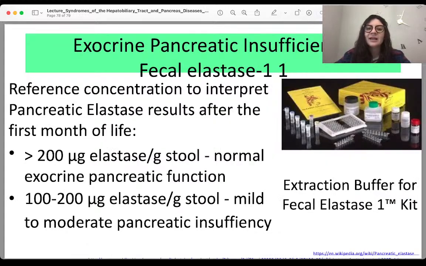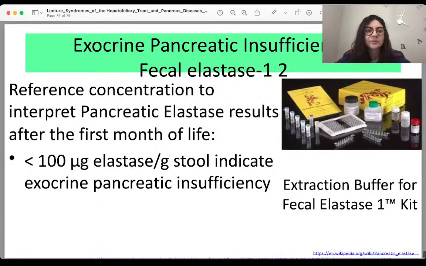Testing for fecal elastase 1. The reference concentration to interpret pancreatic elastase results after the first months of life is more than 200 micrograms elastase per gram in stool. It is normal exocrine pancreas function. A level from 100 to 200 is mild to moderate pancreatic insufficiency.